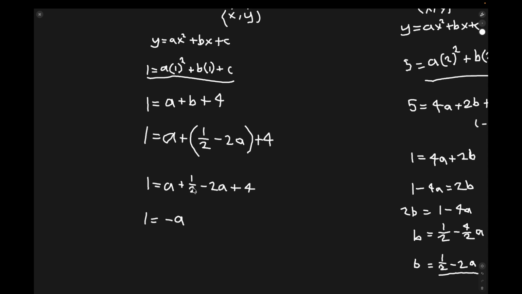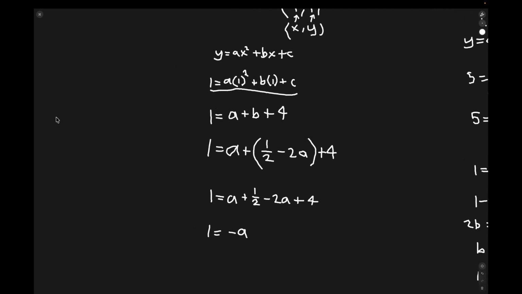Now 4 plus a half: 4 is the same as 8 on 2, plus 1 on 2, which equals 9 on 2. So we have 1 equals negative a plus 9 on 2.